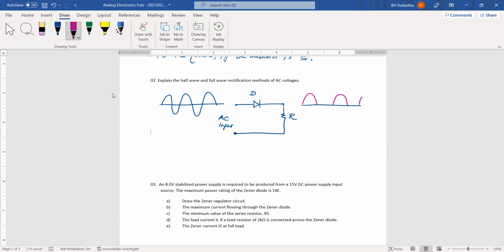Okay. And you have to explain, you would write something: when the positive half cycle is applied, the diode is forward biased, then through the diode, the voltage can go to the other side. When the negative half cycle is applied, the diode will be reverse biased, then no voltage can go to the other side. Then that voltage will not appear here.